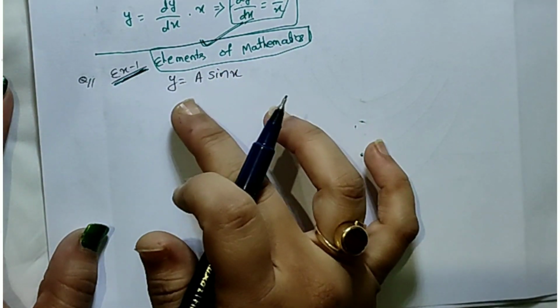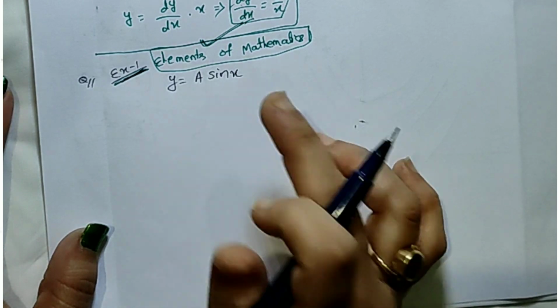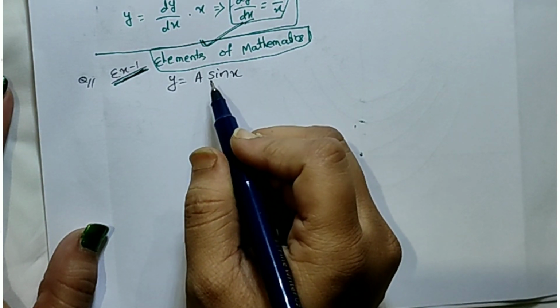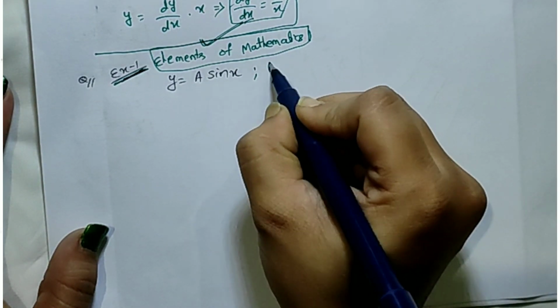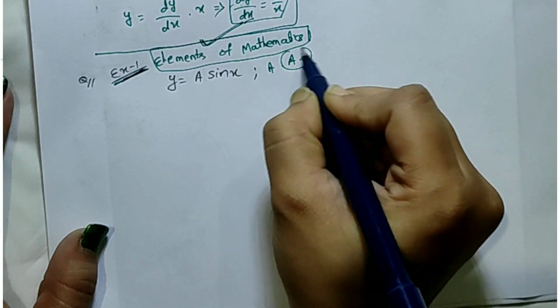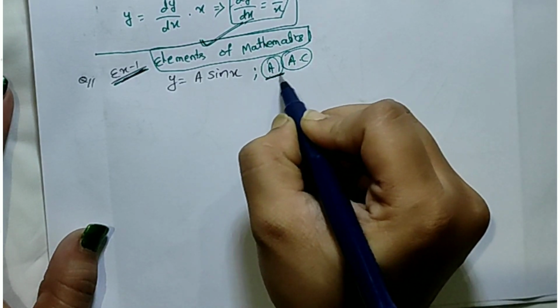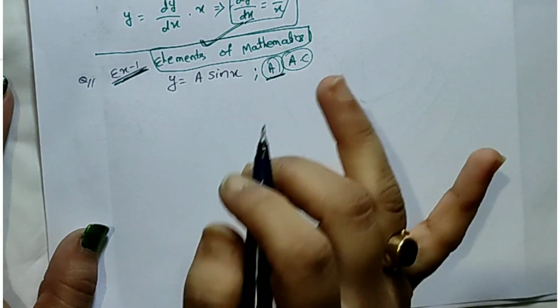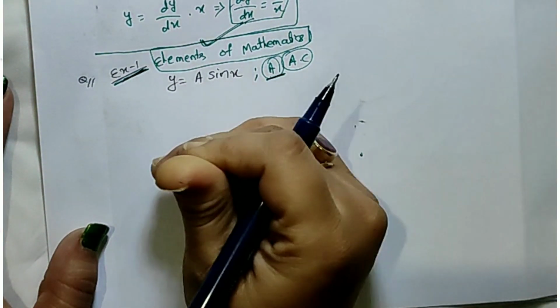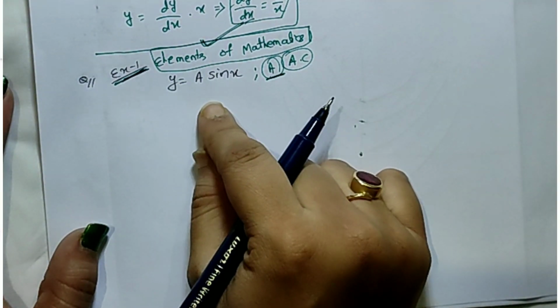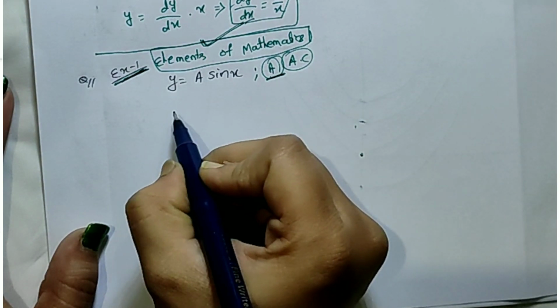So example number 1, y is equal to a sin x. Now which is the arbitrary constant? A is the arbitrary constant. Now we have to eliminate this a to form a differential equation. The question is: form a differential equation from y is equal to a sin x.